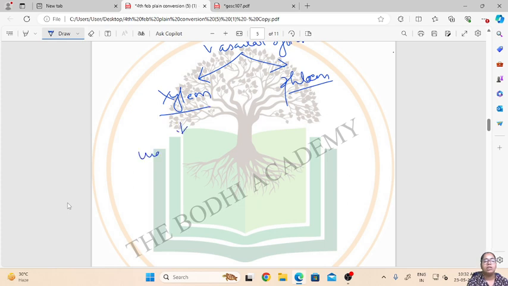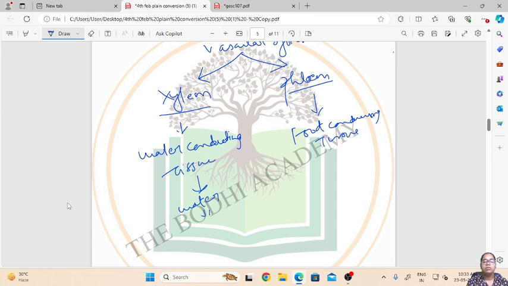It is the water conducting tissue, and phloem is the food conducting tissue. So xylem will help in conducting water from the roots to all the parts of the plant, and phloem will conduct what?